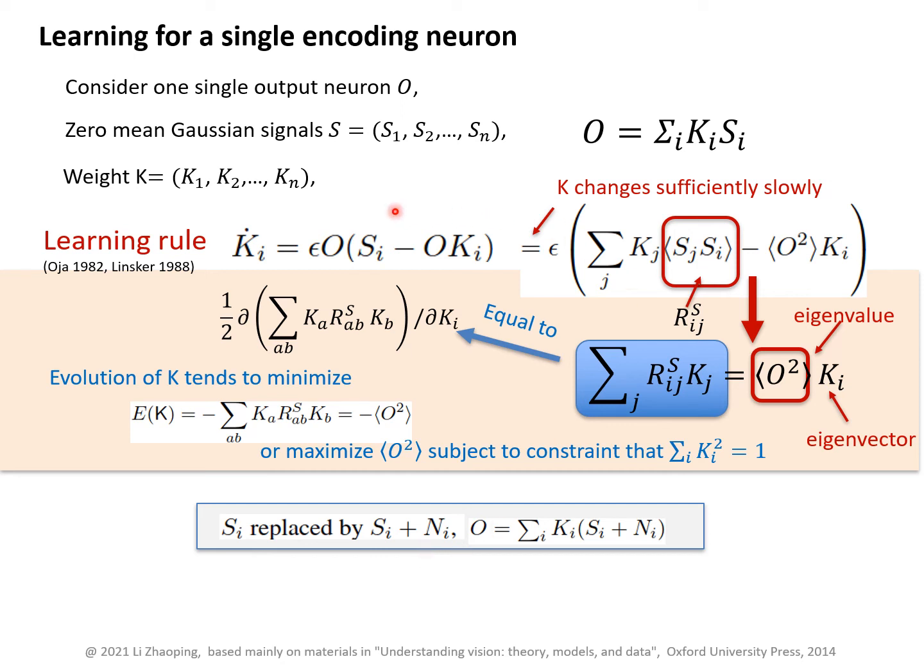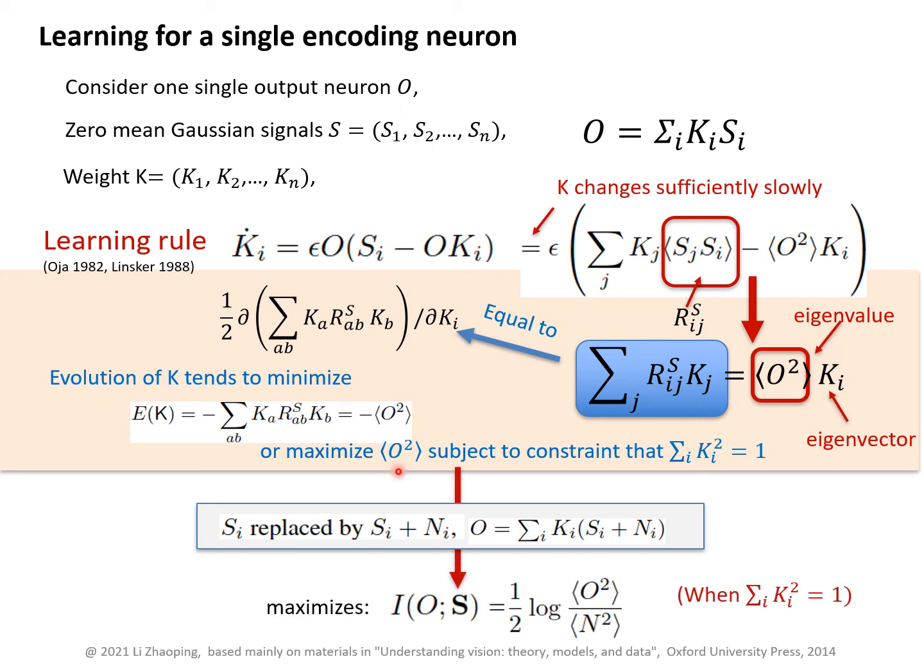We can then repeat the whole learning process and still get the same result. And because this result maximizes O squared, this means the learning will maximize the mutual information between the output O and the input S. So the learning achieves maximum information with the constraint that the weight vector is normalized.